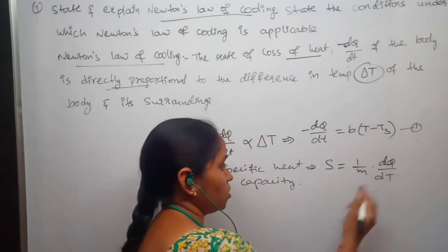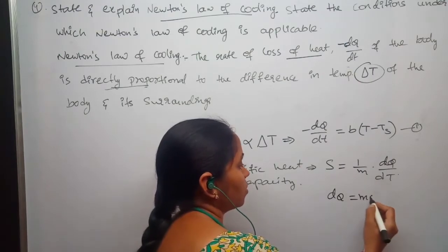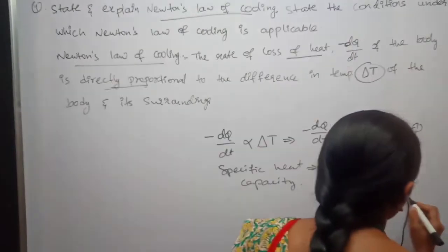Now from this equation, dq is equal to m S dT. This is equation number 2.